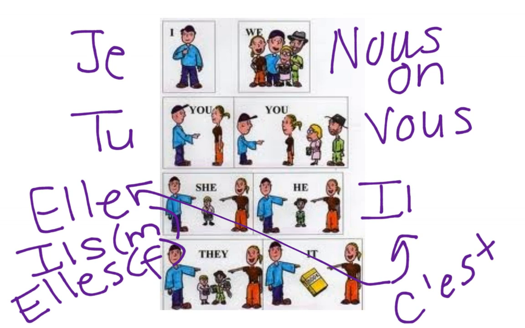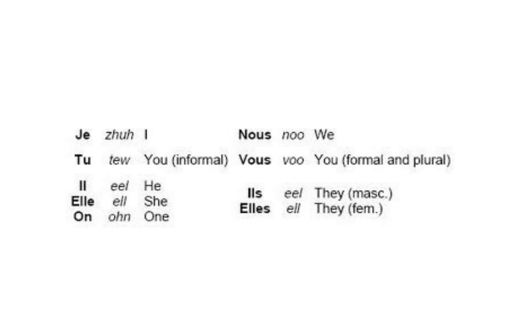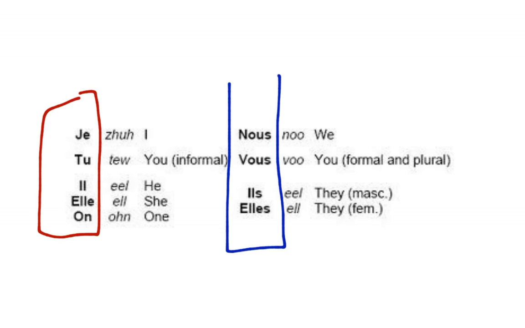Okay, so now let's look at another way of looking at the subject pronoun. Okay, so this is that other way of looking at the subject pronouns. And here you have the French word, the subject pronoun in French. On this side you have all the singular ones that I've just circled in red. And then in blue, I'm going to show you these are all the plural subject pronouns. Next to them, you have the pronunciation, which is in italics.